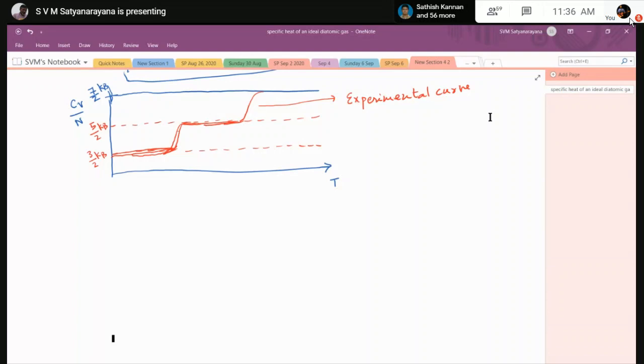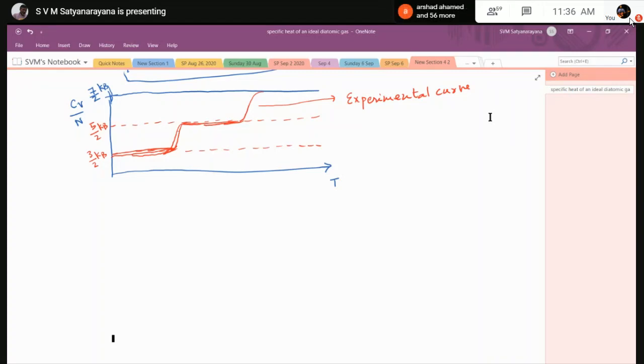But then we should also understand how to get the functional form, that it should go from 7/2 to 5/2, and 5/2 to 3/2, according to the curve that experiment is giving us.